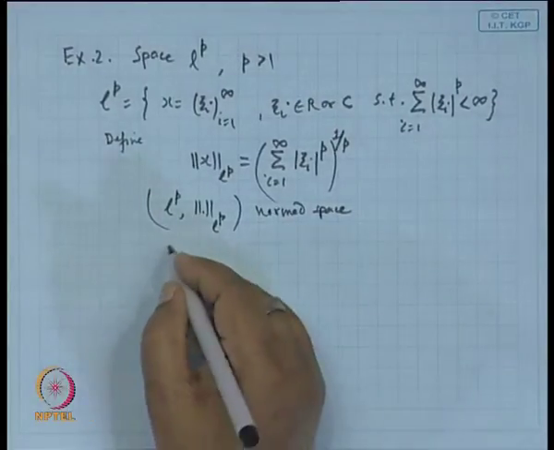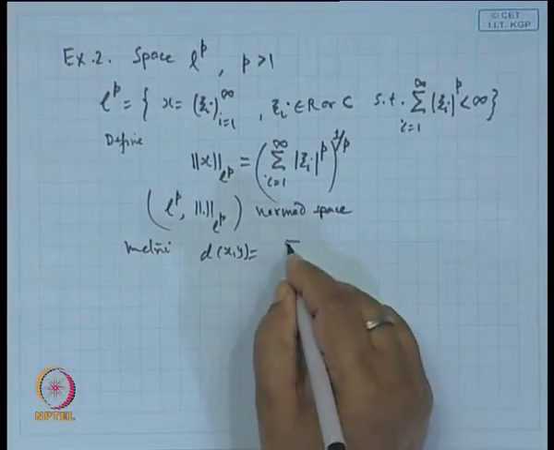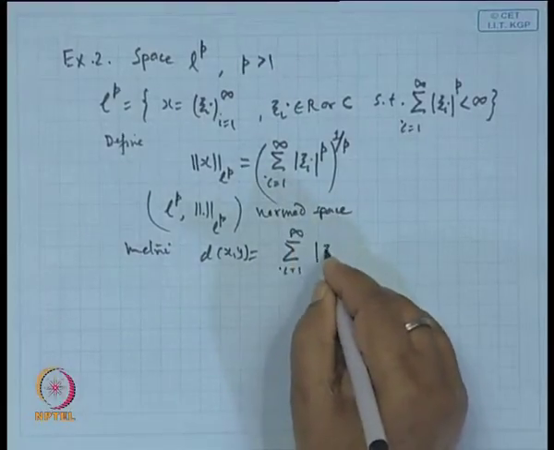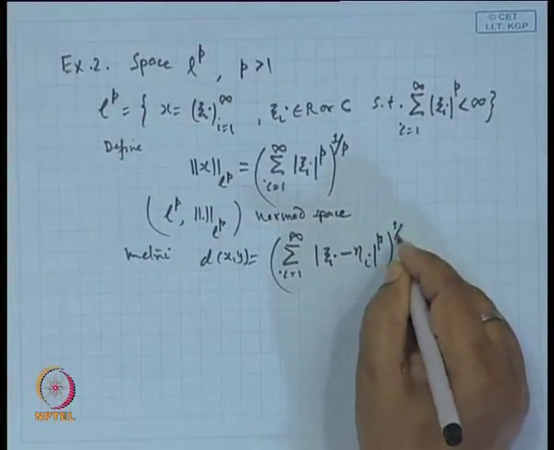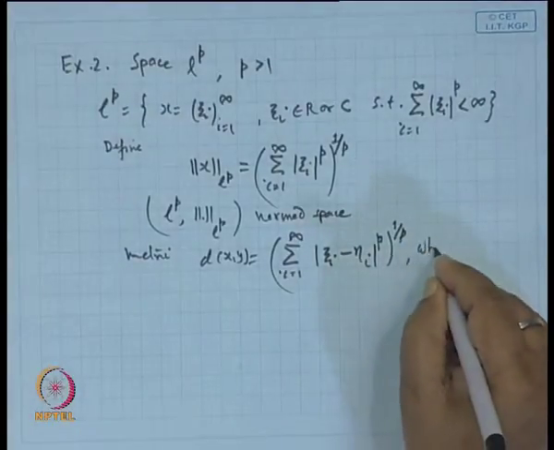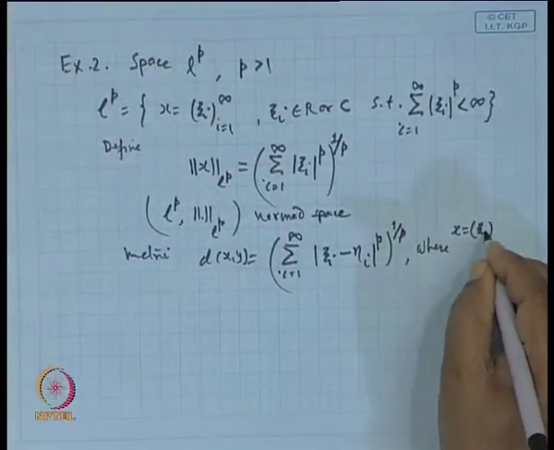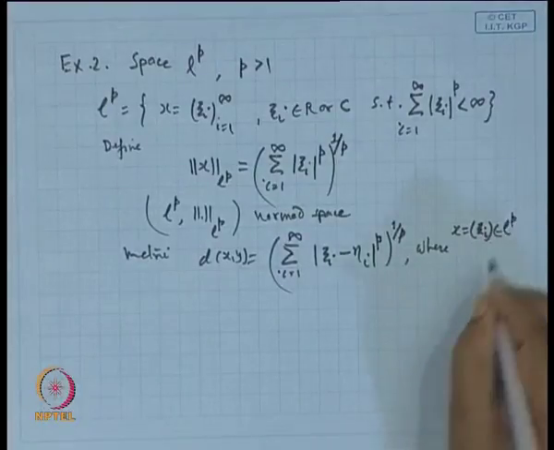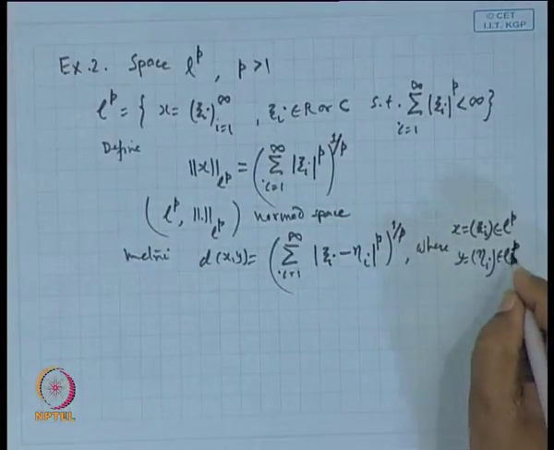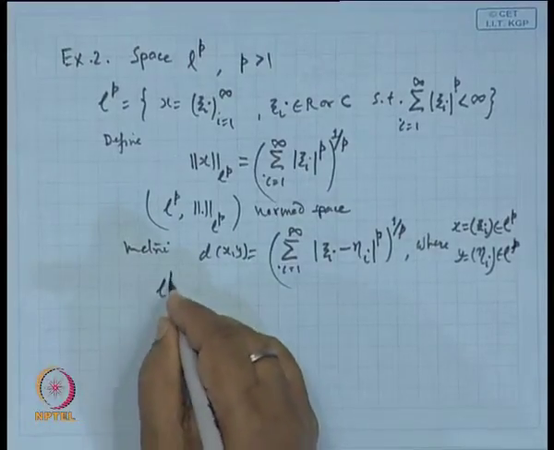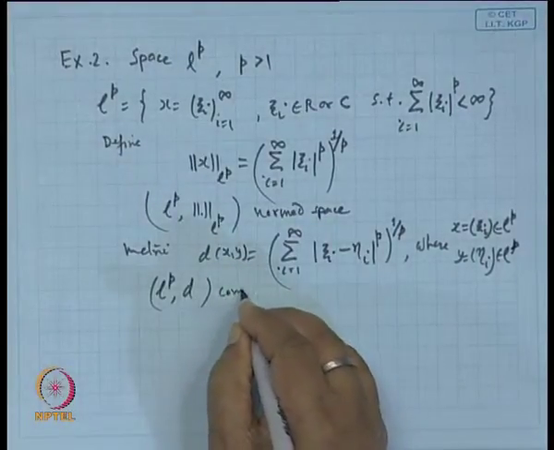And in fact, if I introduce the metric d(x, y) equal to sigma i equal to 1 to infinity mod xi minus eta i power p, power 1 by p, where x and y are the points in the l^p space, then this forms a metric. l^p under d is a complete metric space.